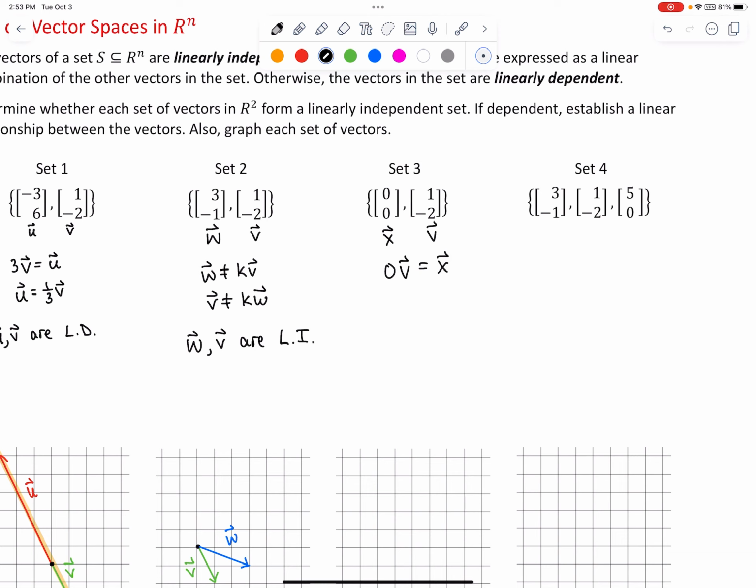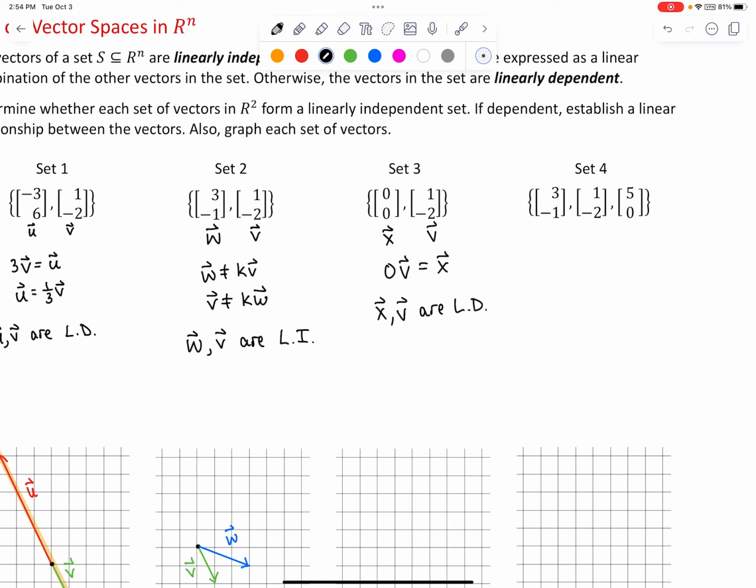Now it is not possible to express v as a multiple of x, but because we can express x as a scalar multiple of v, then we have the two vectors are linearly dependent. In general, if a set of vectors contains the 0 vector, then that set will automatically be a linearly dependent set of vectors. I won't bother graphing these vectors.